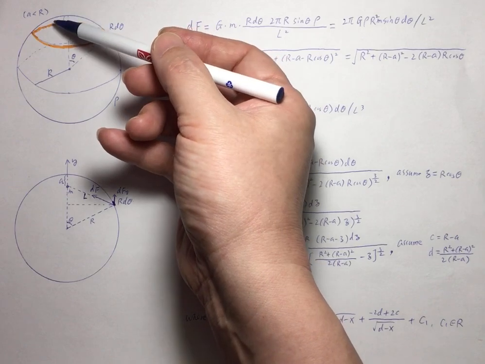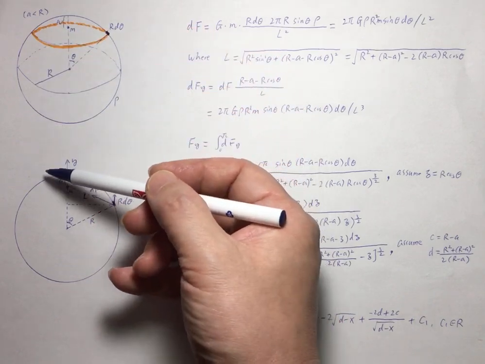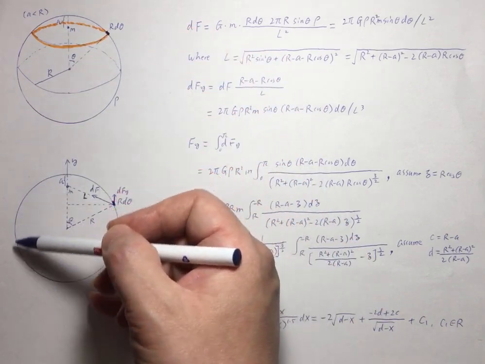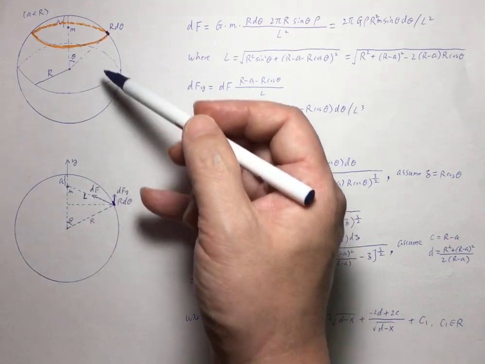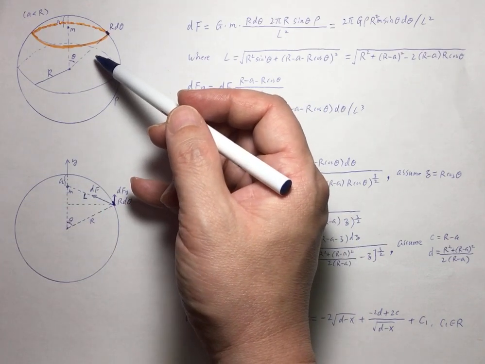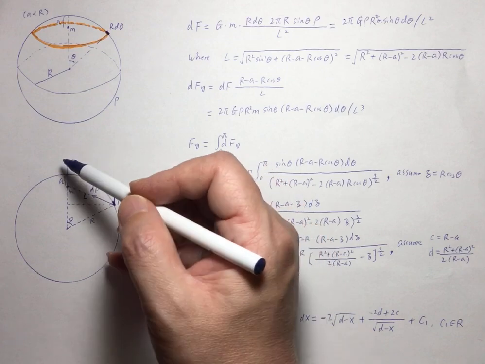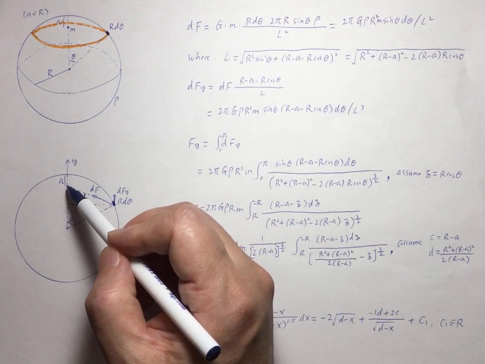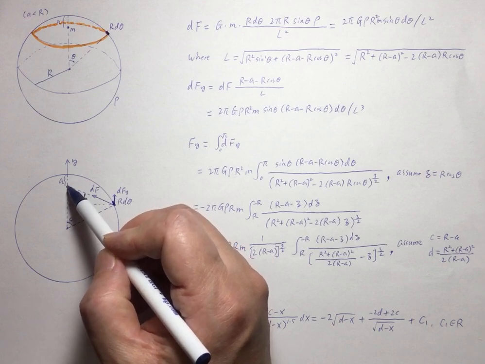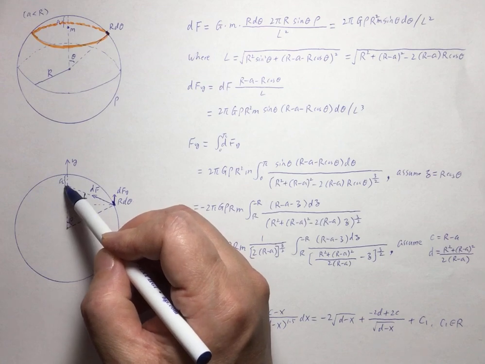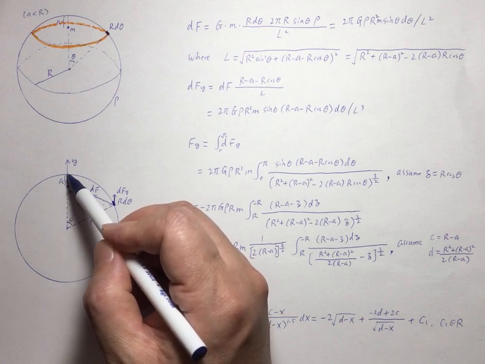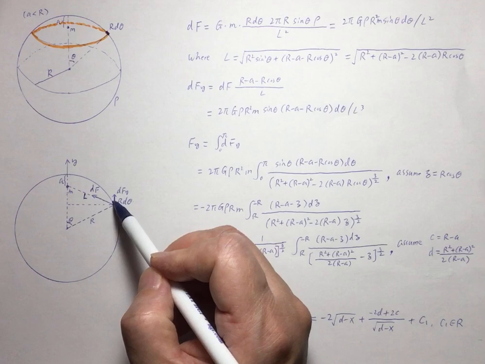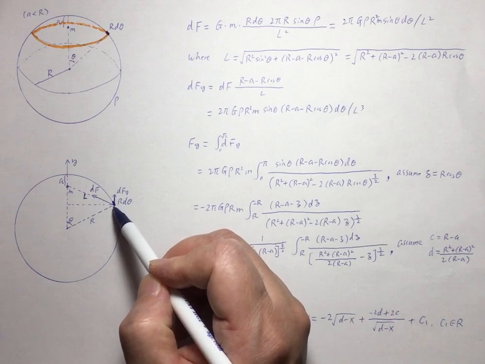Now we can draw the cross-section of the ball here. So this is the y-axis, and then this is the small object inside the hollow ball with a distance a from the top, and then this is the strip we take.